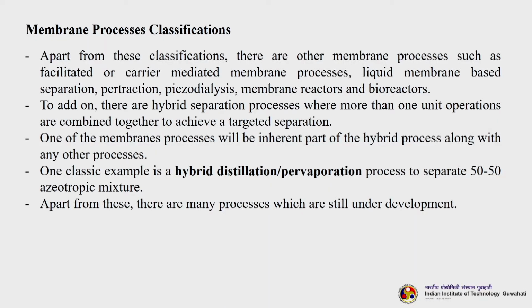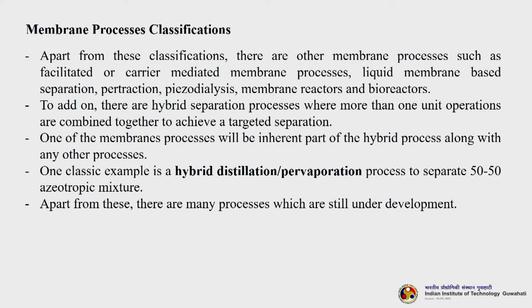So, one of the membrane processes will be the inherent part of the hybrid process, and any other process can be joined with the membrane process to give us a particular yield or separation. One classic example of this hybrid process is the hybrid distillation and pervaporation process to separate a 50-50 azeotropic mixture. Apart from this, there are many processes which are still under development.